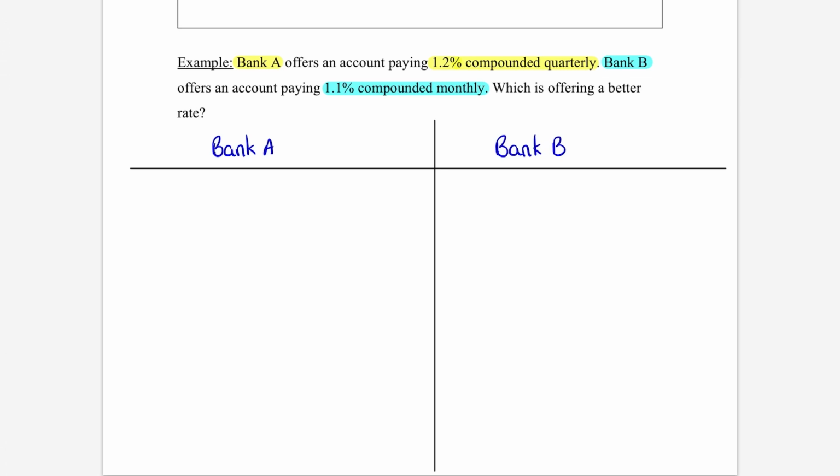So in Bank A, my rate is 1.2%, which is 0.012, and it's compounded quarterly, so my N is 4. While in Bank B, I have the rate of 1.1%, which is equivalent to 0.011, and that is compounded monthly, so my N is 12.